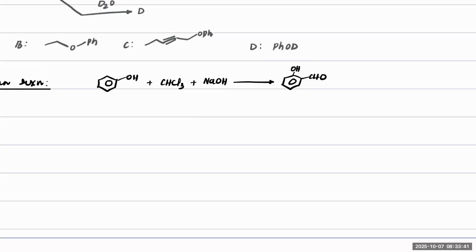So this is the major product. The other one, which is at the para position, will be the minor product. This is called salicylaldehyde.